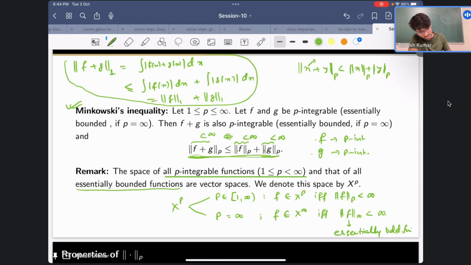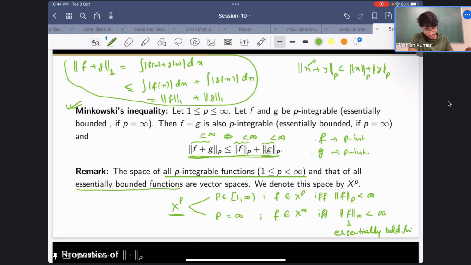Okay, now this X p space for each p is a vector space. That means if you have two functions, the sum is also in it. There are many things to check, but at least you know that this is closed under addition and scalar multiplication. The rest of the properties can also be proven.